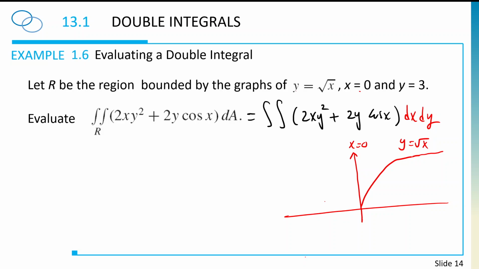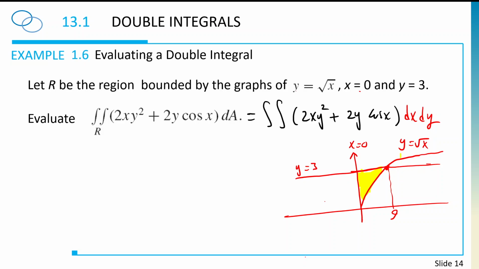This is, let's say, y equals to 3, this line. This point of intersection between radical x and y equals to 3, this is supposed to be 9. And this is the region we're talking about.